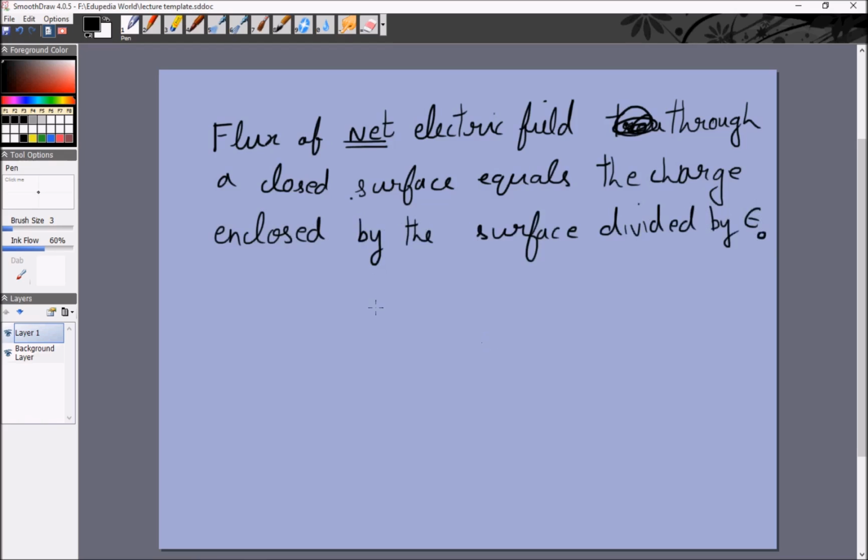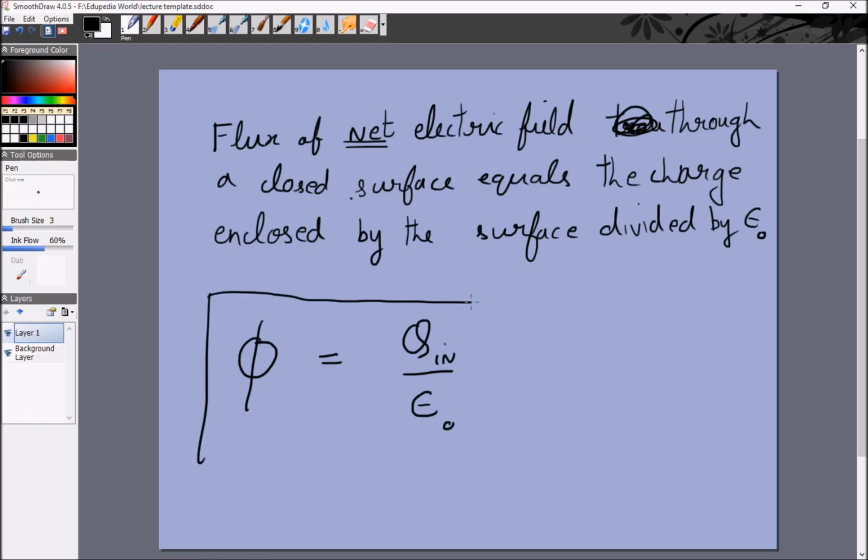Or if I were to write it mathematically, the total flux is equal to Q in by epsilon naught. Now let's look at this equation a little bit deeper.